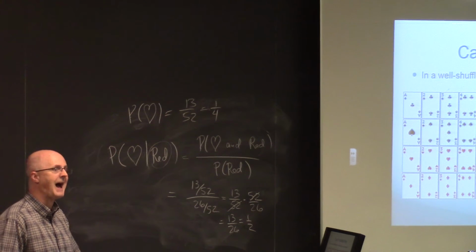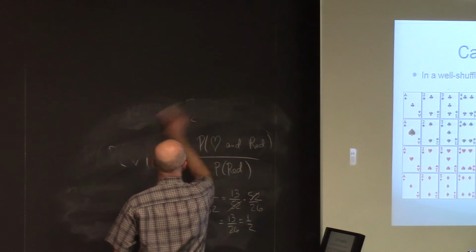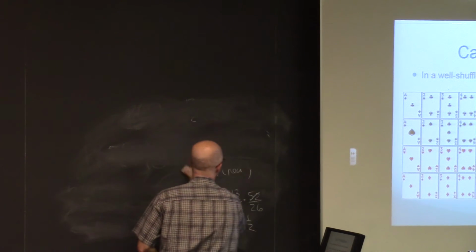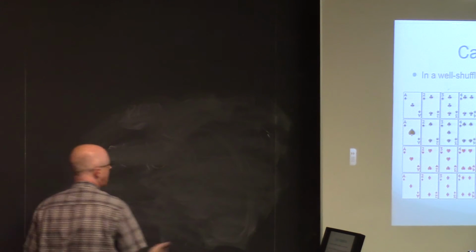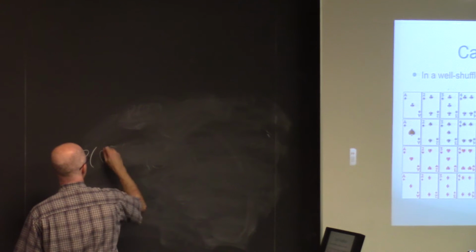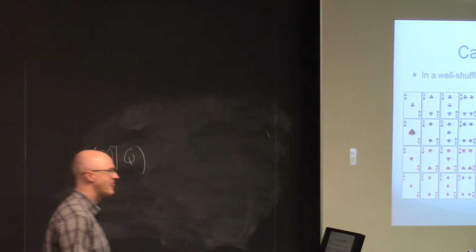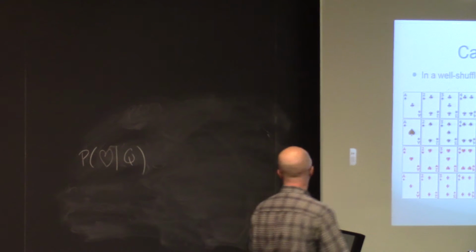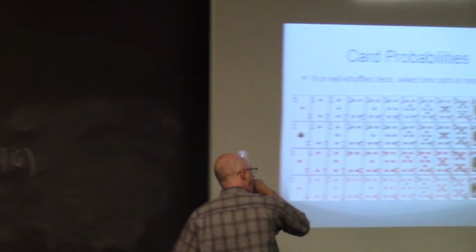They're definitely not independent. What's an example of independent events? Getting a heart and getting a queen, for example. Probability of hearts when you know it's a queen. Well, we know it's a queen.